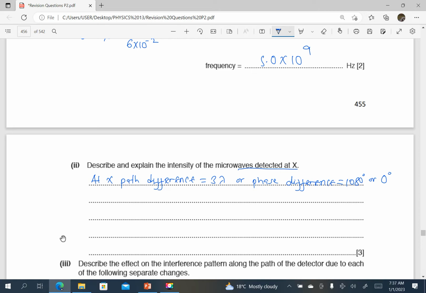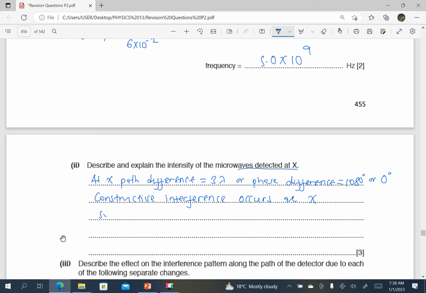What does that mean? Constructive interference occurs at X.